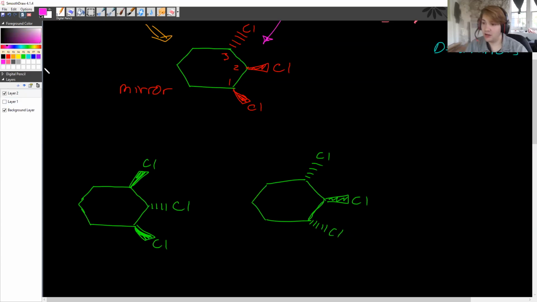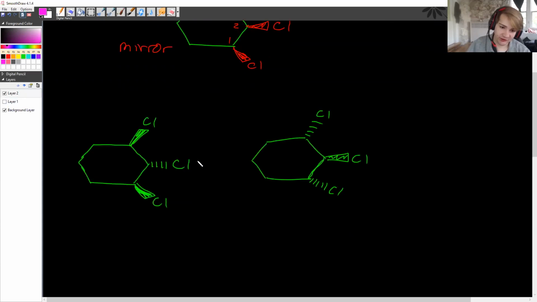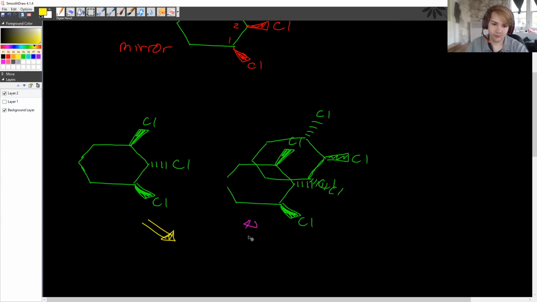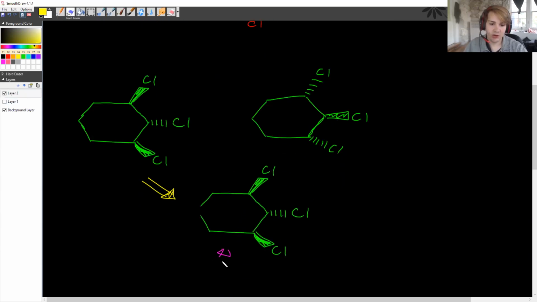Well, again, these are not constitutional isomers, same connectivity. And what we notice is that they do have a difference in their shapes, right? So if we wanted to do the mirror analysis, which I generally recommend, what we notice, and I know I'm writing things down really fast because I'm able to copy and paste, but I will give you guys a second to copy it in.